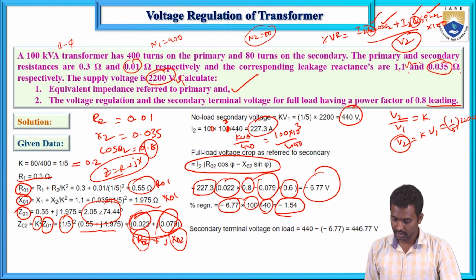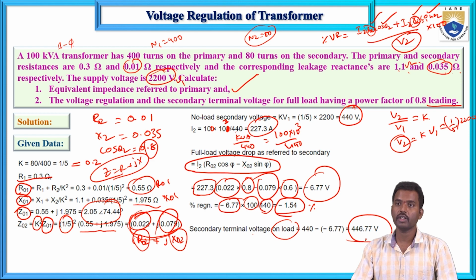This is the percentage regulation. And secondary terminal voltage on full load, E2 equals, on load, 440 minus of minus this one, equals 444.77. So now this problem is over.